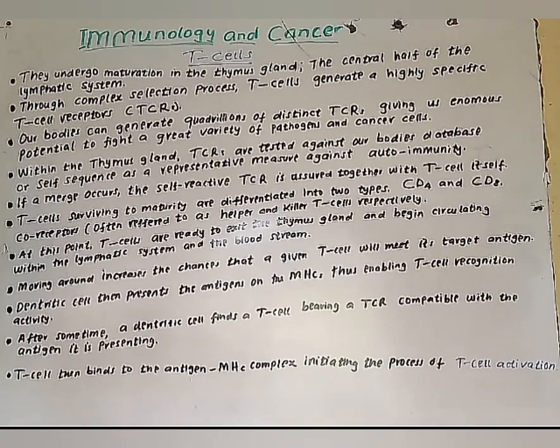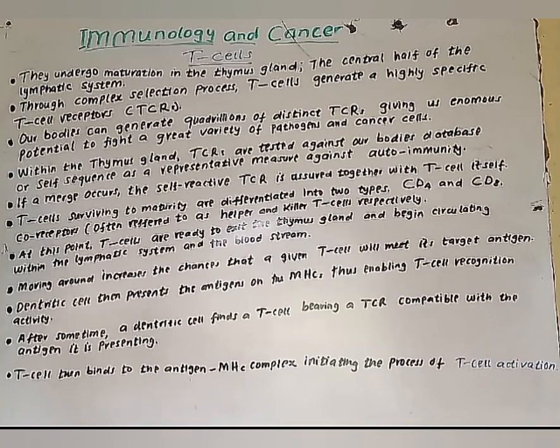T cells surviving to maturity are differentiated into two types, with CD4 and CD8 co-receptors, often referred to as helper and killer T cells respectively. At this point, T cells are ready to exit the thymus gland and begin circulating within the lymphatic system and the bloodstream.